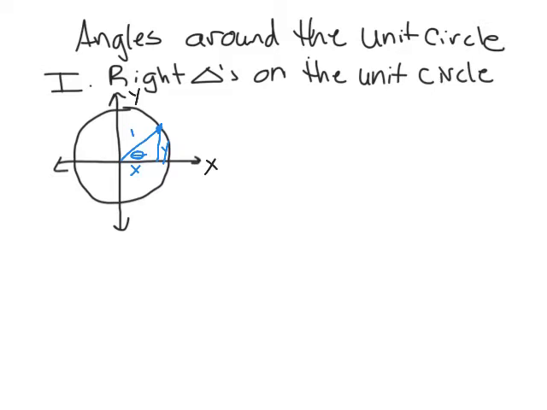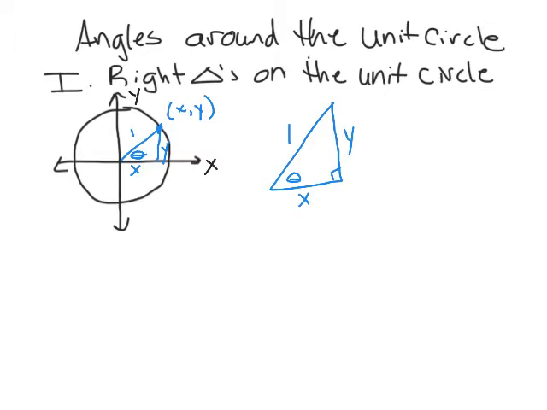Let me redraw the triangle a little bit bigger. And again, if I have a coordinate that's xy, that means this distance is x, this distance is y. That's going to be a 1 because we're the unit circle, and this is going to be the angle. So I can create a relationship between trig functions and the x and y coordinate that identifies them.